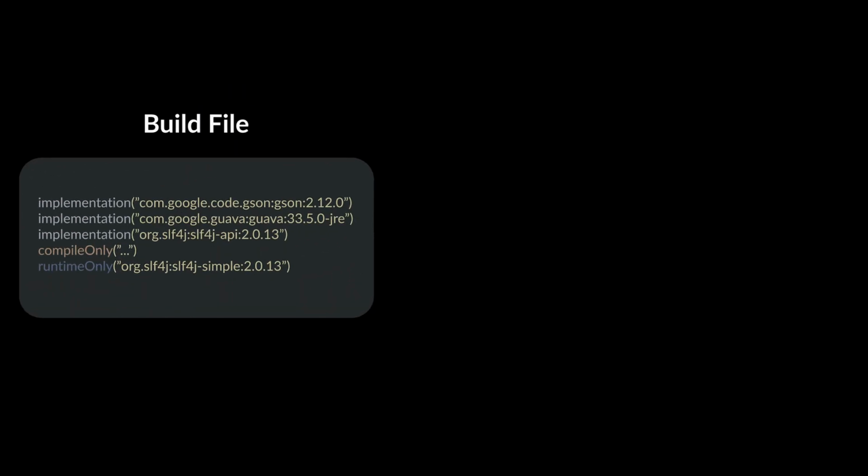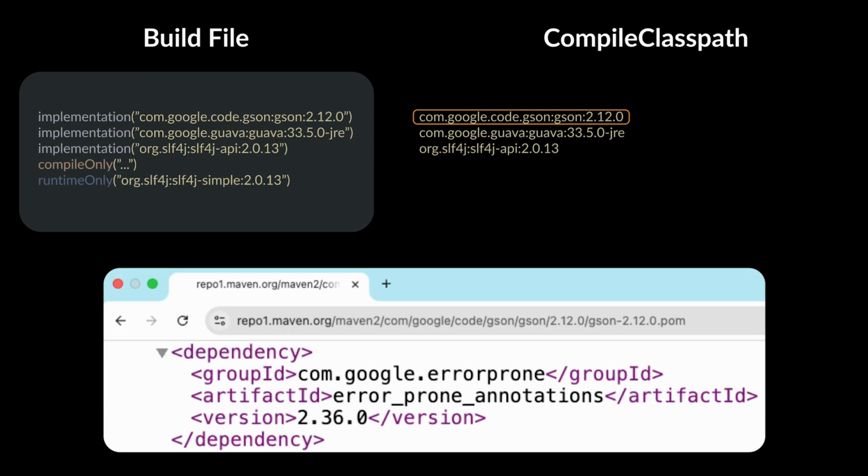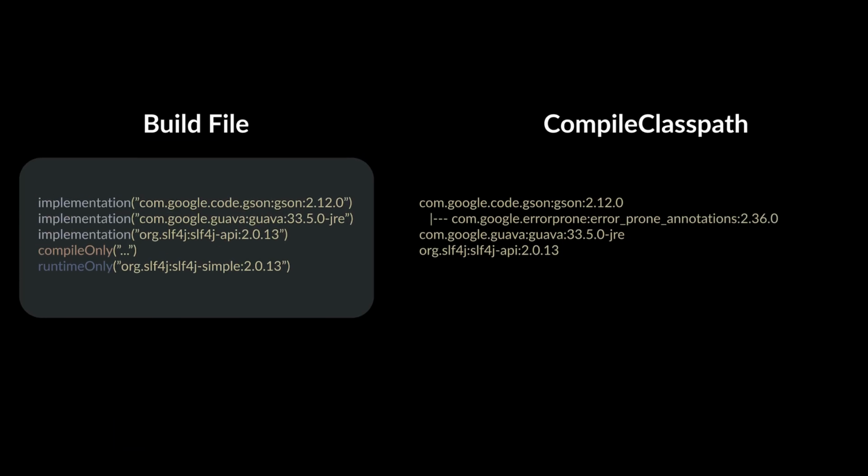Let's take a look at the compile class path to understand what happens. Gradle populates the compile class path by taking the dependencies declared in the implementation and compile-only groups in the build file. For each dependency, it then inspects the POM or Gradle metadata file to get the list of transitive dependencies and adds those to the list of dependencies. It does this recursively.